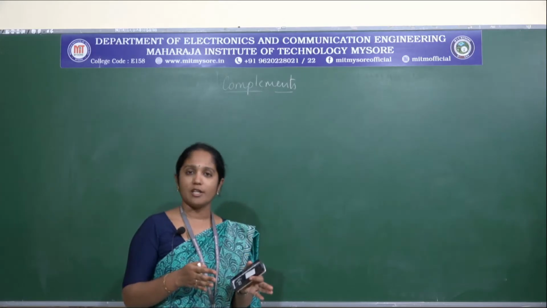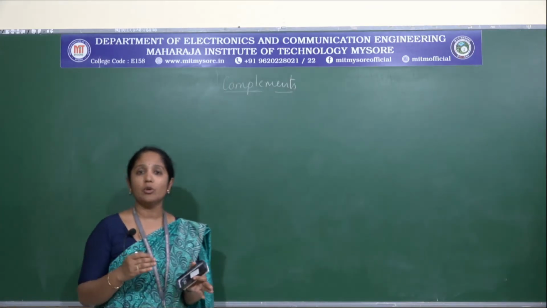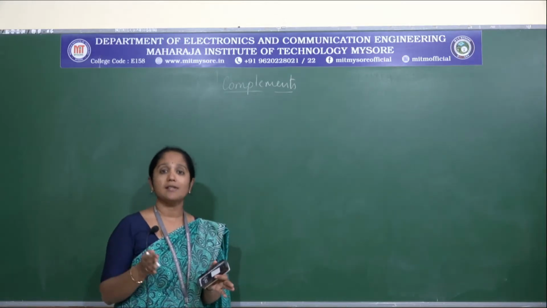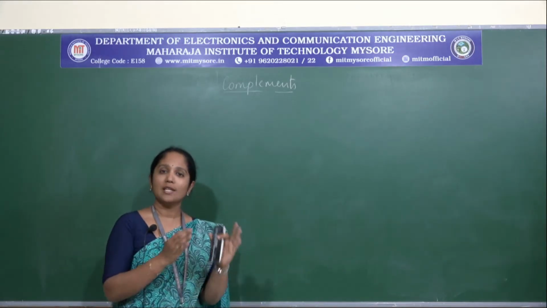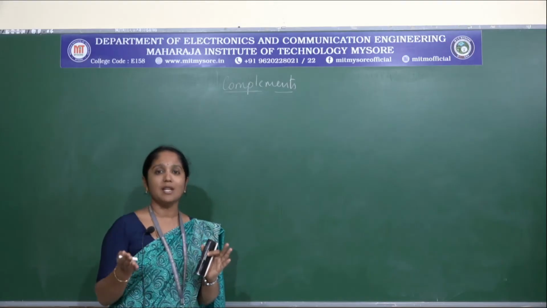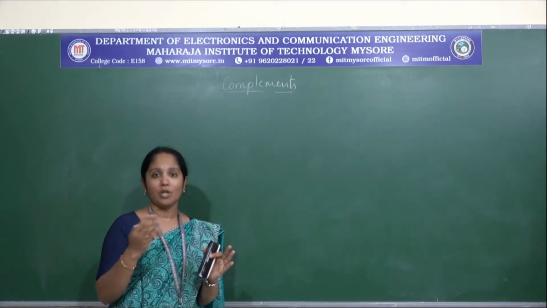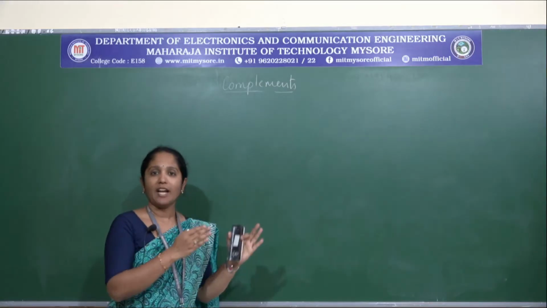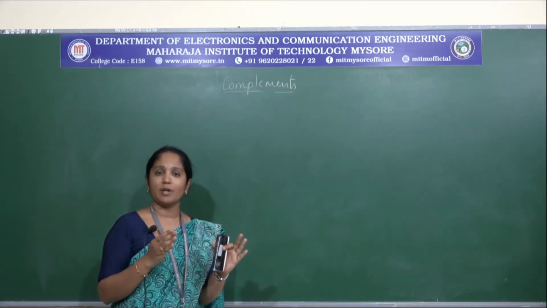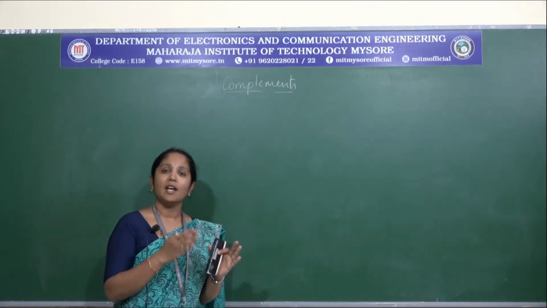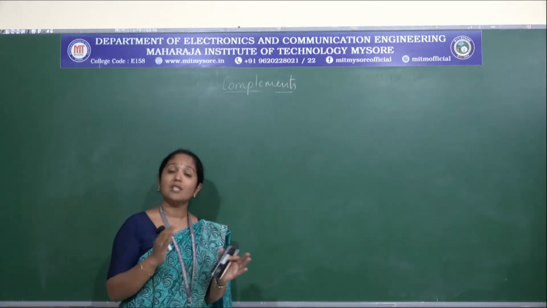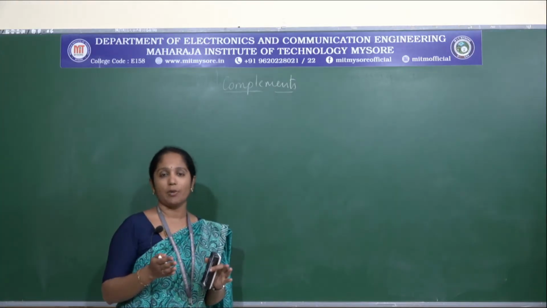In digital electronics, usually what we do is we represent subtraction as 2's complement addition. Using the adder circuit itself we can obtain subtraction also. So how is it done? If you find the 2's complement of the second operand and add it to the first operand, then the sum will be equal to the subtraction of the first and the second operand.